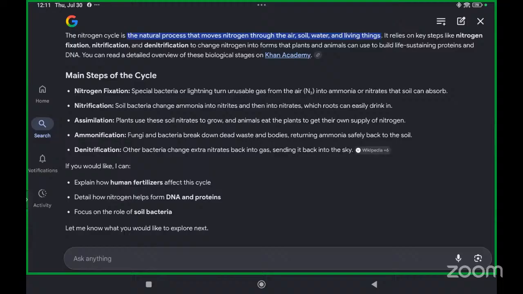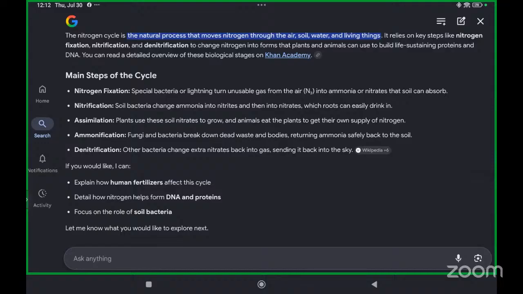Special bacteria turn unusable gas from the air, that is N2, into ammonia or nitrate that the soil can absorb. Then the process called nitrification: soil bacteria change ammonia first into nitrite and then into nitrate, which roots can easily drink in.